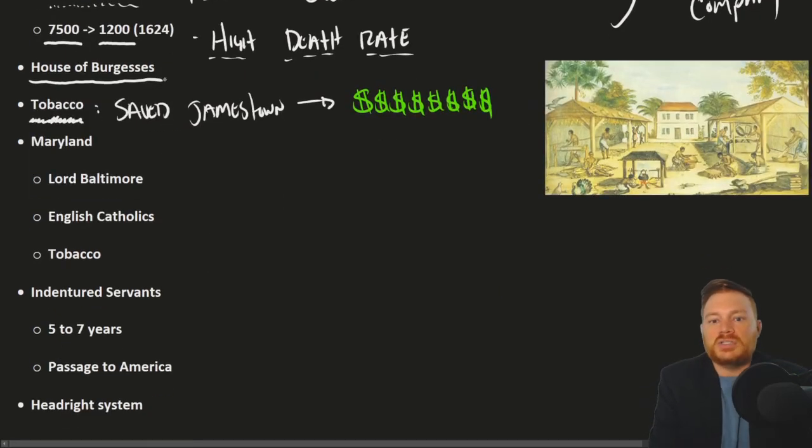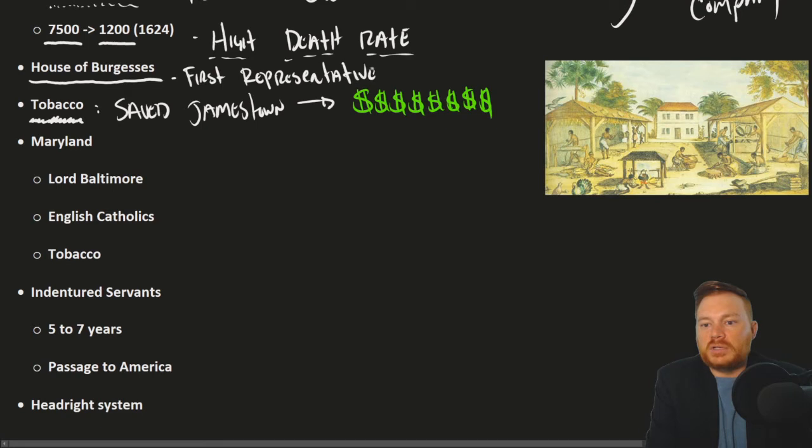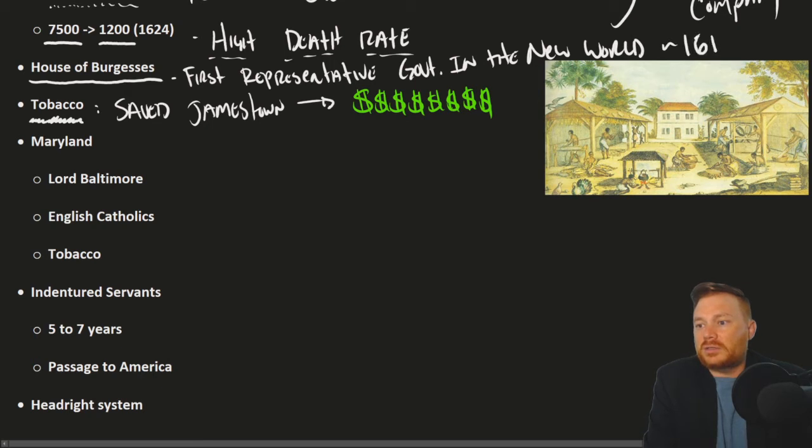The House of Burgesses is the first representative government in the New World. And this is established, I'm going to guess here, 1617, I'll say. It's early in the 1600s. I don't know if that date is 100% correct. But it's the first representative government in the New World.